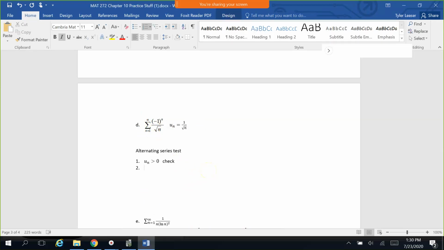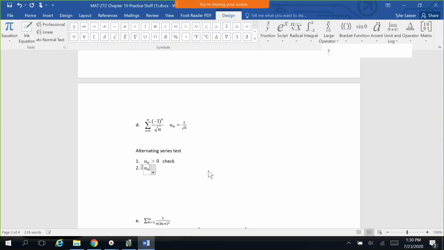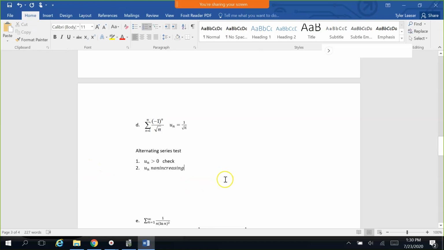All right, 2. The next thing that you have to have is that your u sub n's be non-increasing. Or in other words, they have to be decreasing. This I'm also just going to put a check beside, because as n goes from 1 to infinity, the denominator is going to get bigger and bigger, which makes my u sub n's smaller and smaller.